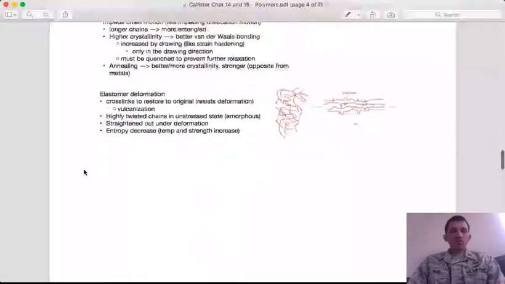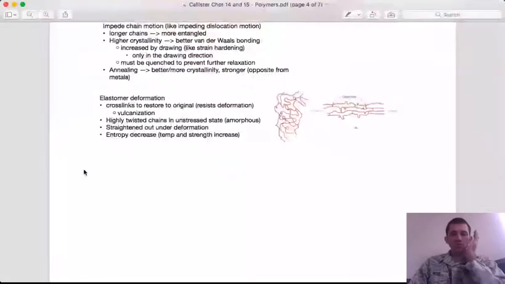Okay, so for elastomers, which is a class of polymers that is characterized by very large deformations, these are made by forming crosslinks between adjacent polymer chains.